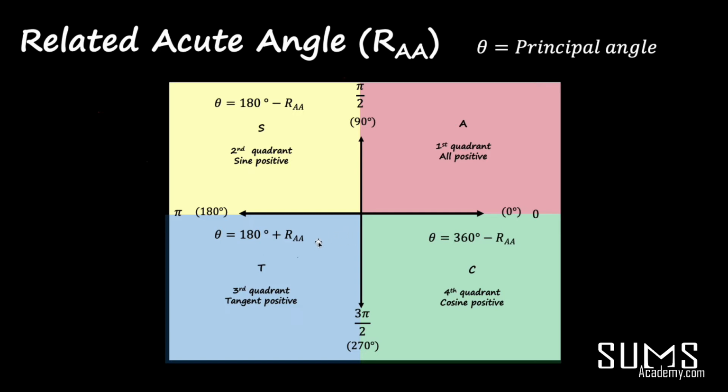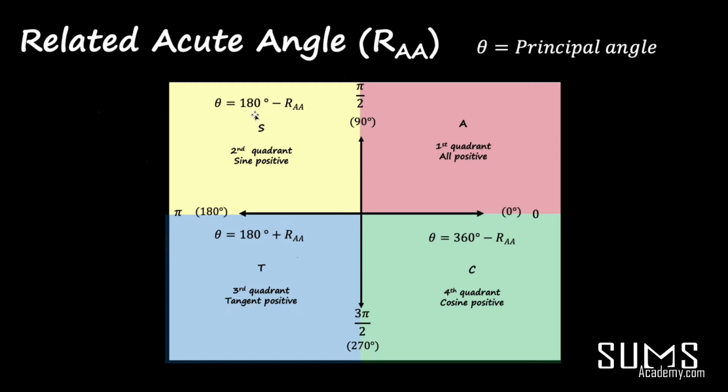Another thing that is useful to remember is these little equations at the top here. You might have seen them before. It's like 180 minus, 180 plus, 360 minus. So what you've got to think about here is whether you're trying to figure out the principal angle or the relative acute angle, okay?